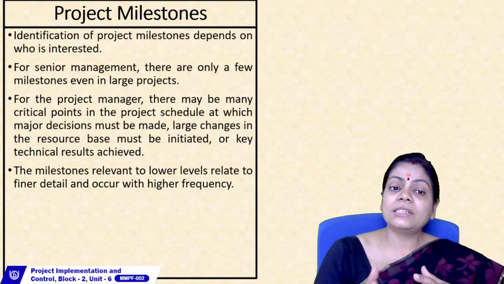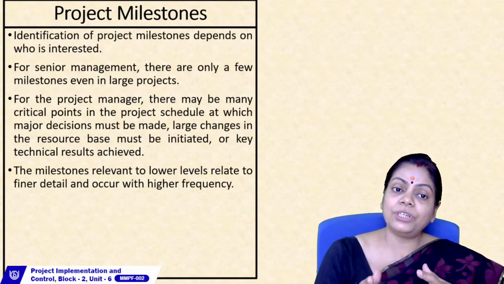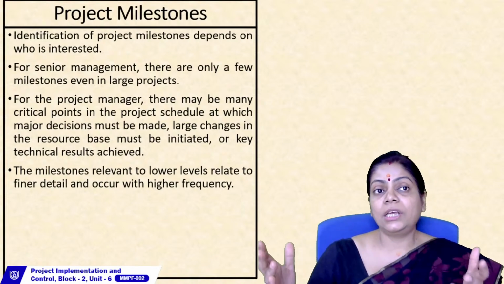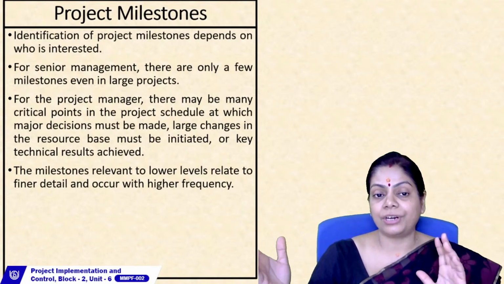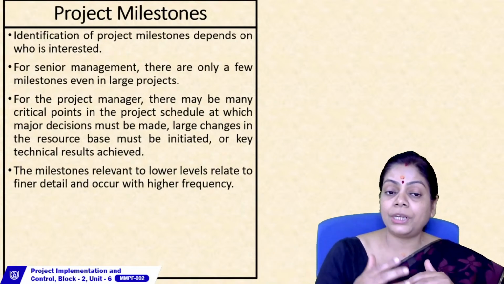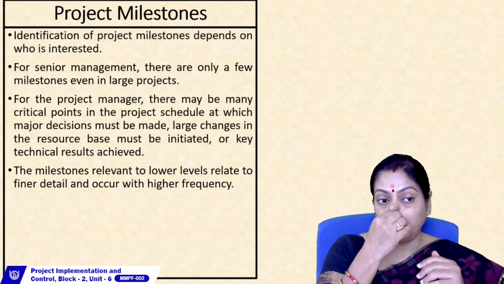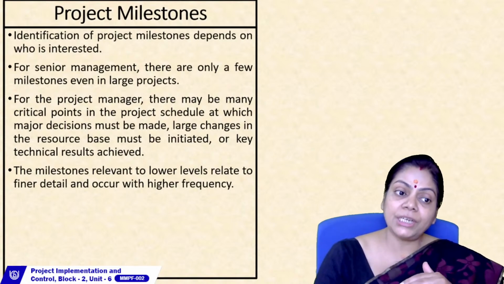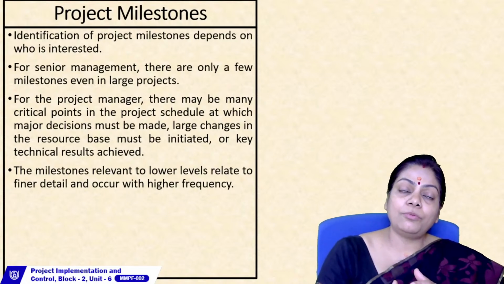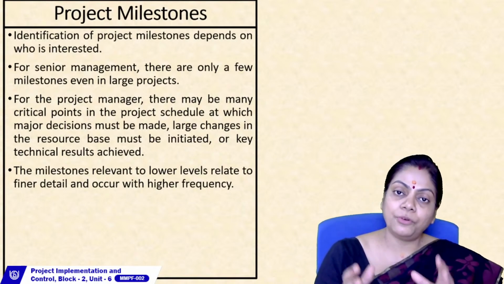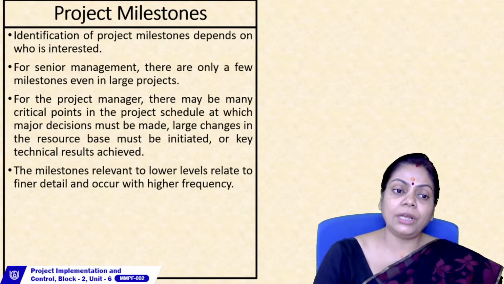For a big project, the critical points could run into the 50s, 60s, even 100s. These are the critical schedule points in a project schedule, when a major decision is to be made and you have to effect changes. Probably you have to reallocate resources in terms of capital, human resources, and material. That has to be initiated.